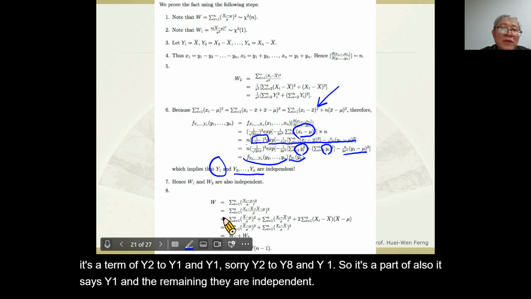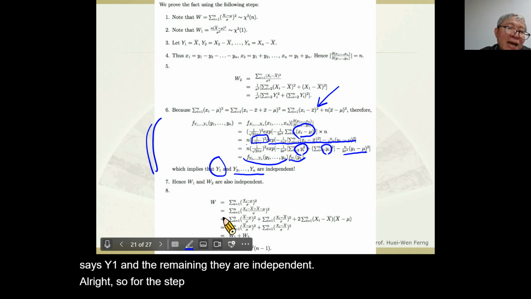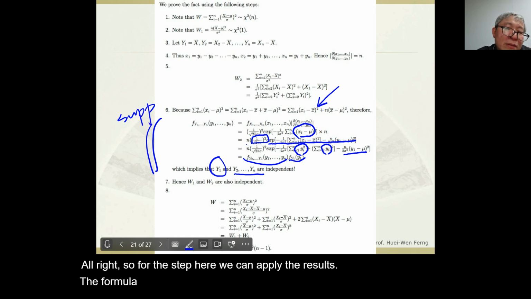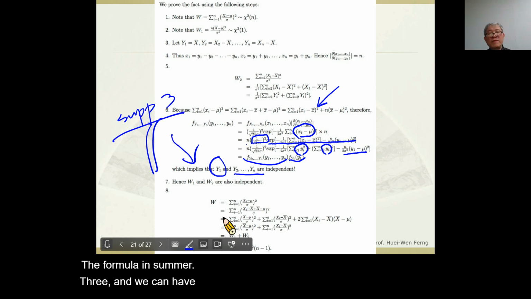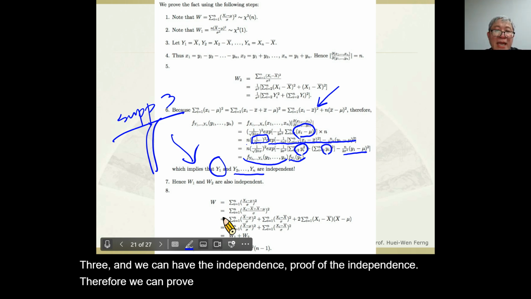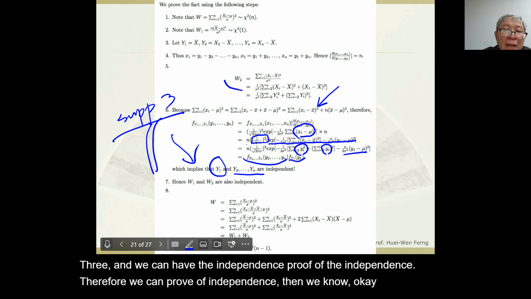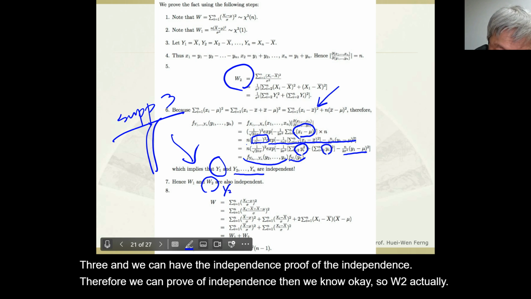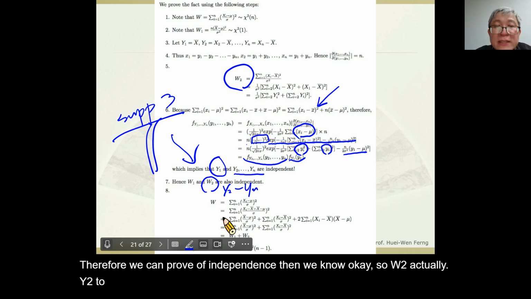So for the step here, we can apply the formula in supplement 3, and we have the proof of independence. If we can prove independence, then we know W2 is related to y2 to yn, and W1 is related to y1.